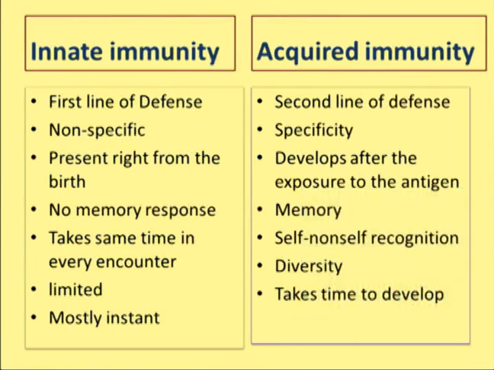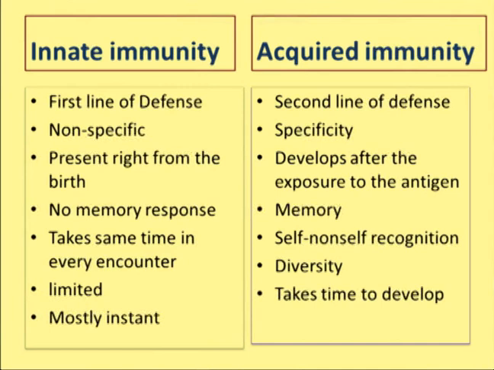Sometimes if we see a comparative account of innate and acquired immunity, innate immunity represents the first line of defense because it comes first. Our skin and our mucous membranes are the first entities which come against the pathogens. It is non-specific. This innate immunity is present right from birth. We are born with this resistance, but there is no memory response.